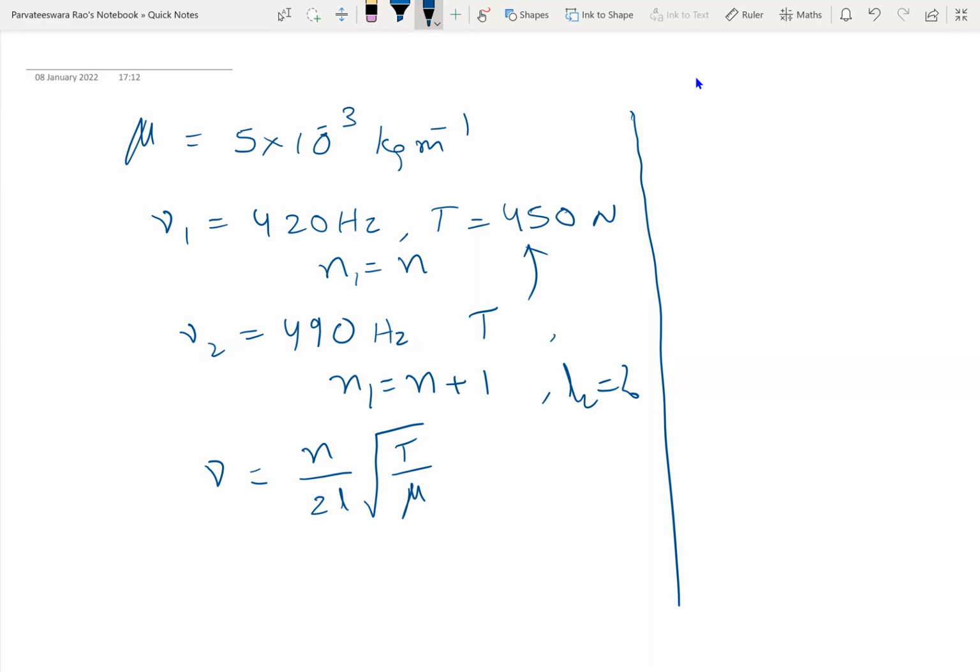So here this T by mu is the same, so you can find n from the given data. So nu2 by nu1: frequency depends directly on the number of loops. So n2 by n1, that is n plus 1 by n.